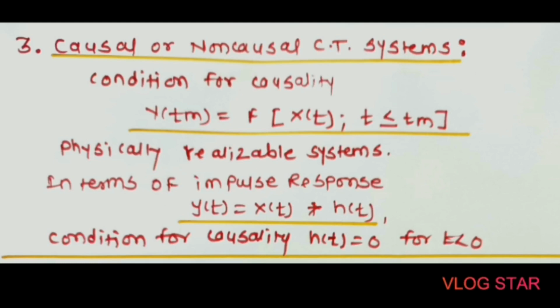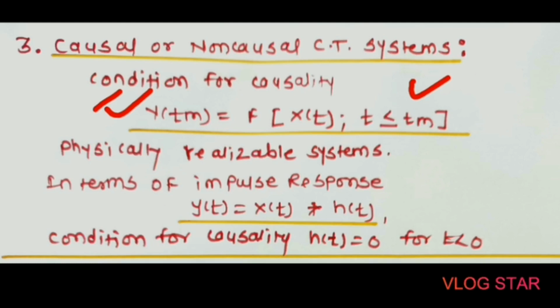If the input is applied at t is equal to Tm, then the output at t is equal to Tm, that is y of Tm, will be dependent only on the values of x of t for t less than or equal to Tm. So the condition for causality is y of Tm is equal to a function of x of t, where the value of t is less than or equal to Tm.